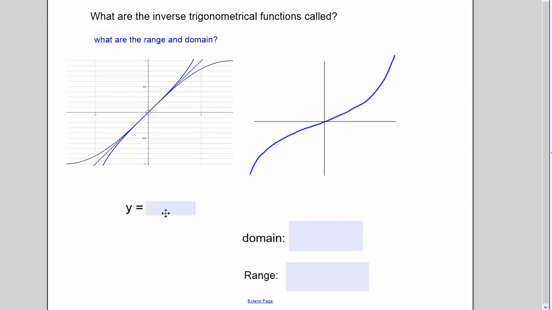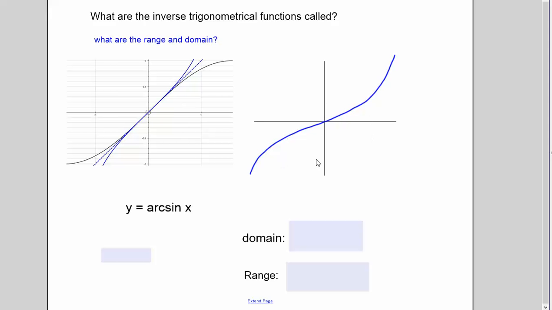And what do we call the inverse trig function? So it's the inverse sine in this case. We call it arc sine. So y equals arc sine x is our inverse function. Now we also said about the inverse function that we swap over the domain and the range.